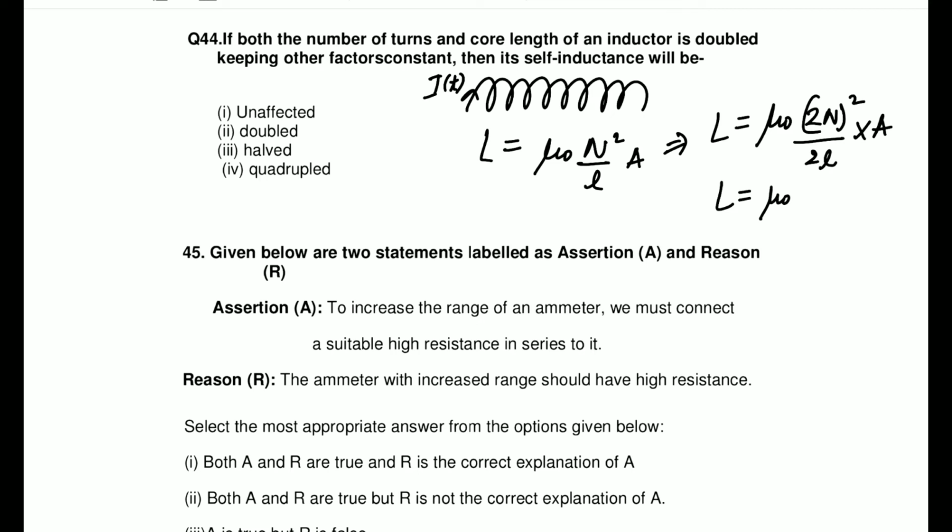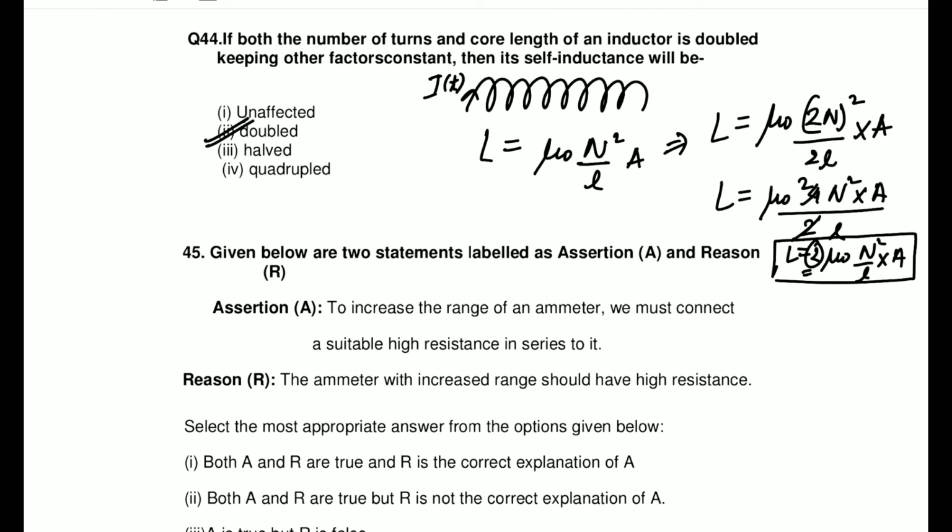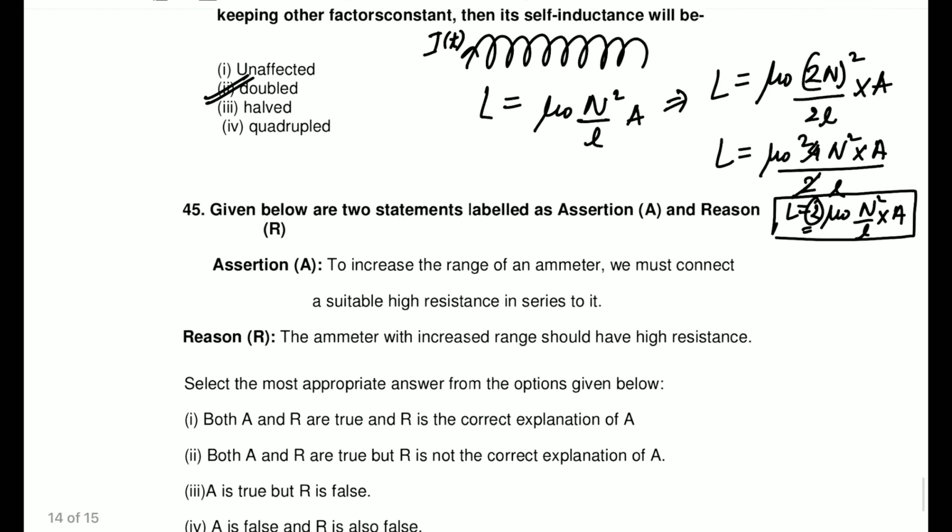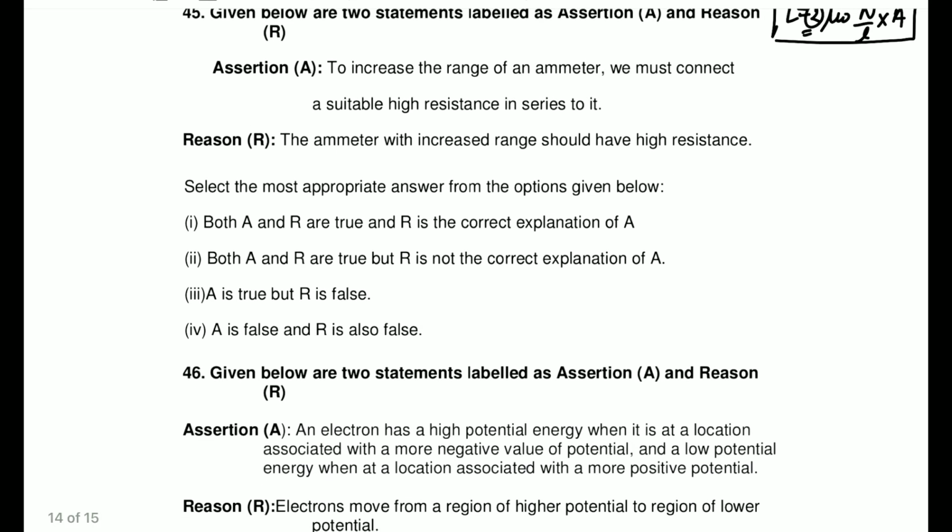So this will be mu naught times 4 n square times area upon 2L, or you can say 4 by 2. So L will be equal to mu naught times 2 comes out, mu naught times n square upon L multiplied by A. The self inductance becomes 2 times the previous one, so it will become double. Yes, double is there in the options. I hope that is understandable. Okay, let's move to our next question.